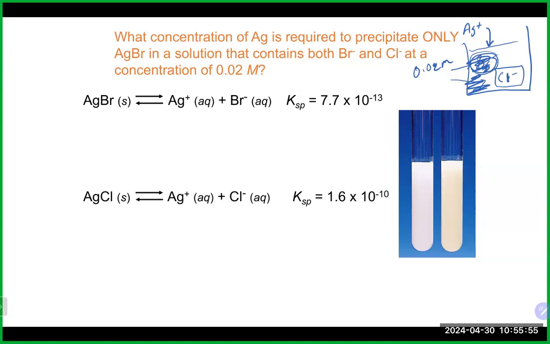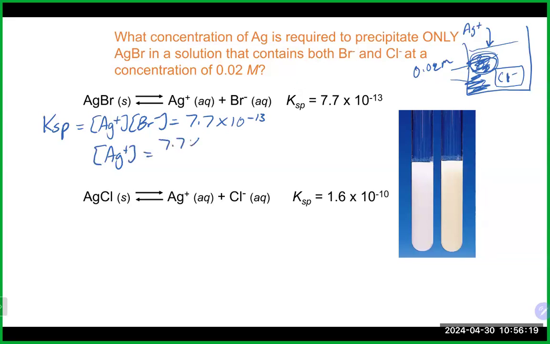So we can use our Ksp expression to help us. The silver concentration times the bromide concentration will equal our Ksp of 7.7 times 10 to the minus 13. Remember that we're looking to figure out how much silver to add. So we can solve for the silver concentration: it will equal 7.7 times 10 to the minus 13 divided by the concentration of bromide, which we already know is 0.02.